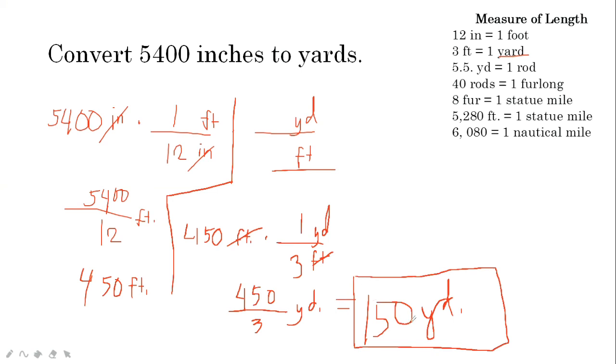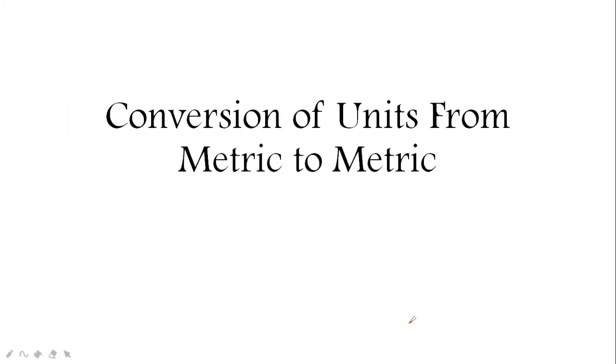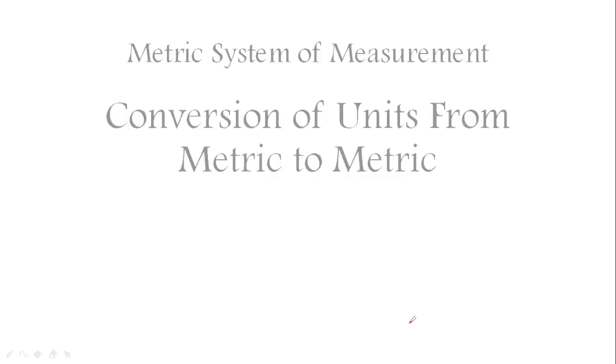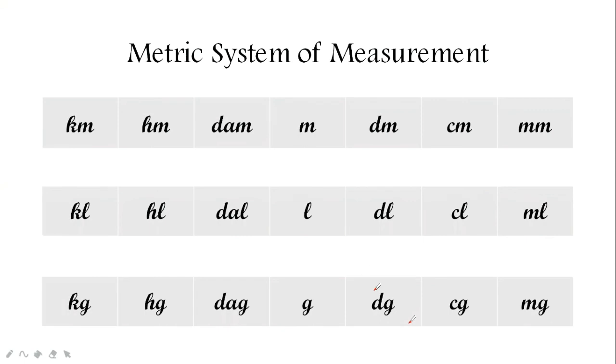Okay? Next. Okay, so now we go to the conversion of units from metric to metric. I feel this is easier as long as you know the pattern of the prefixes. These are the prefixes that are easier to remember: kilo, hecto, deka, deci, centi, and milli. So, let's start. km means kilometer, m is meter, L is liter, and G is gram.